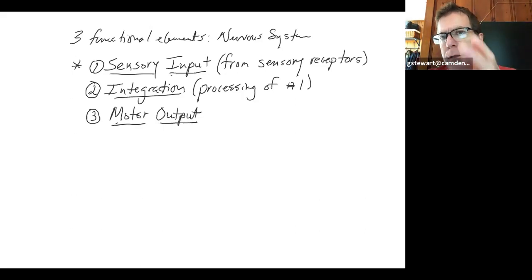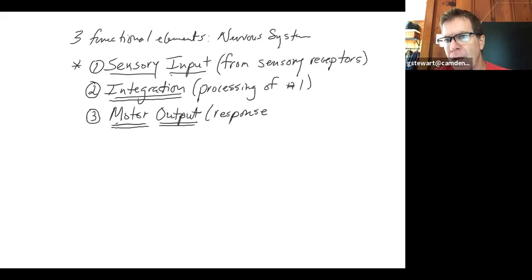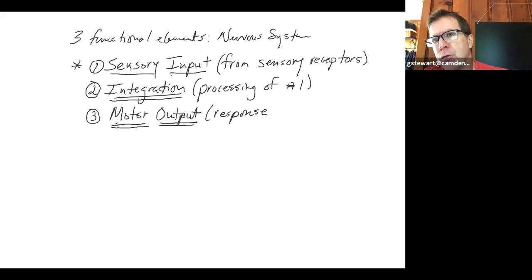It goes to the central nervous system where that information is integrated, processed, and then some sort of response to number 1 is sent out via a motor output. So this is the response. This command is to the response to the receptors from number one, and it is sent to what we call effector organs.